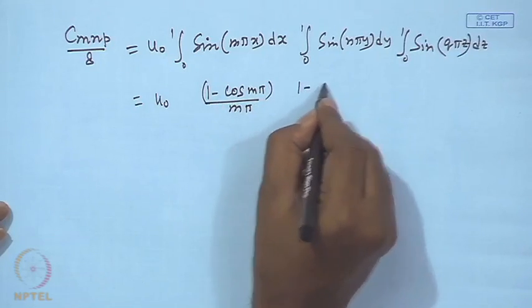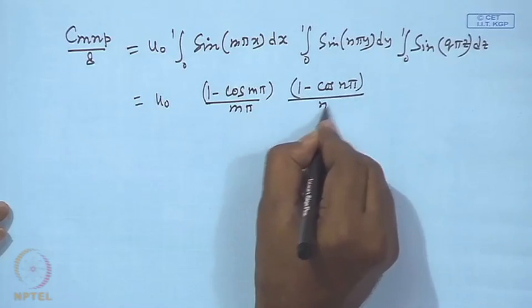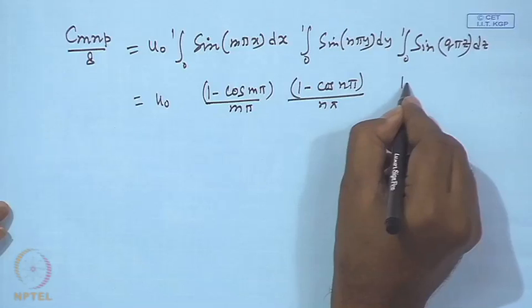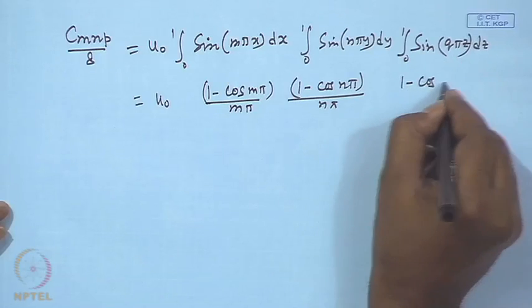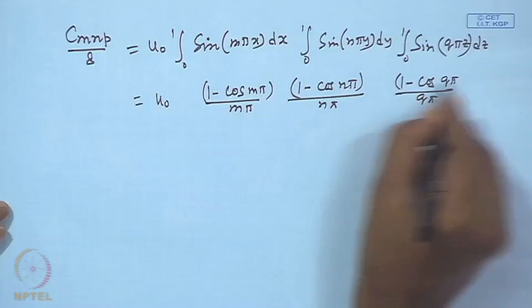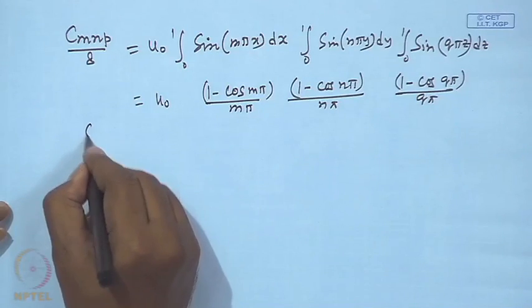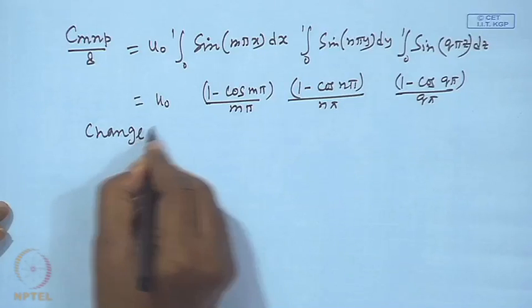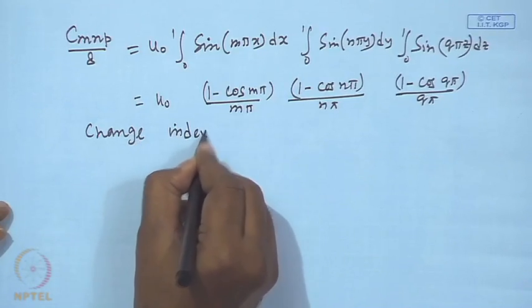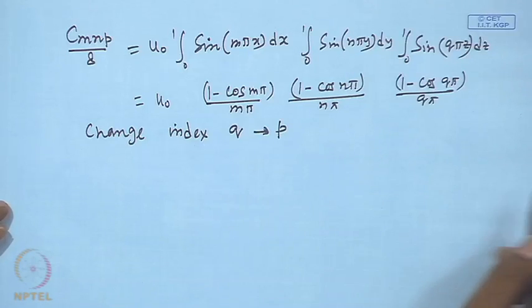This will be (1 − cos nπ)/(nπ), and this will be (1 − cos qπ)/(qπ). Now, we change the running index, change index q to p. So, everything will be m, n, p.